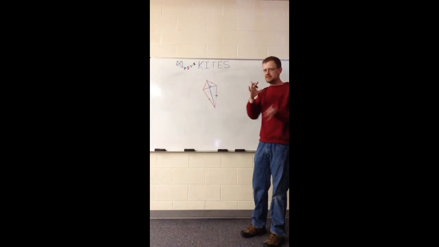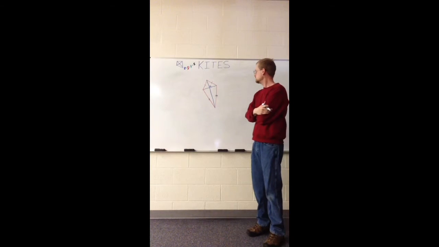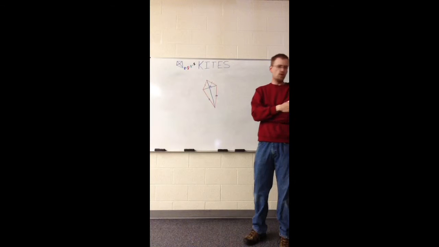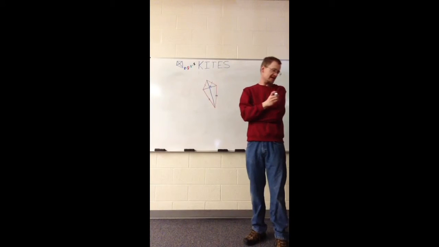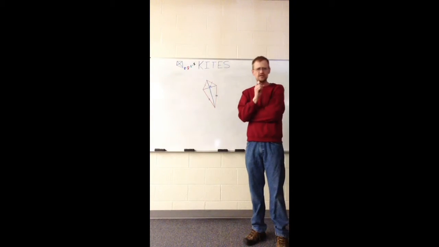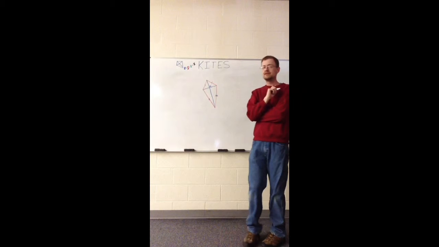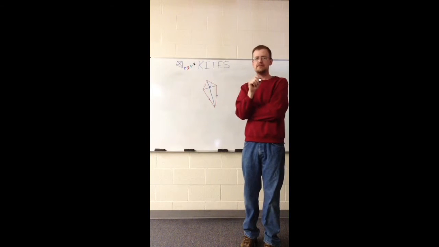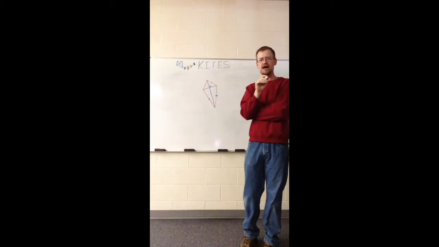Okay? So it has a little bit of the properties of a rhombus, but it's not a parallelogram, so it can't be a rhombus. Okay? So, what else happens? Well, there is only going to be one set of segments of lines that are bisected.